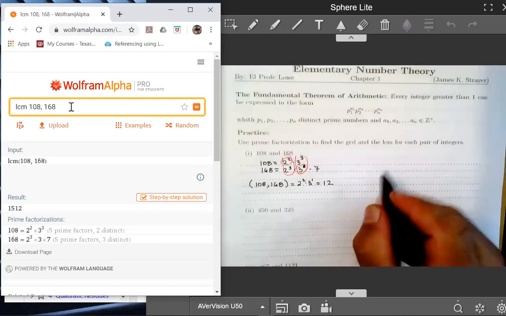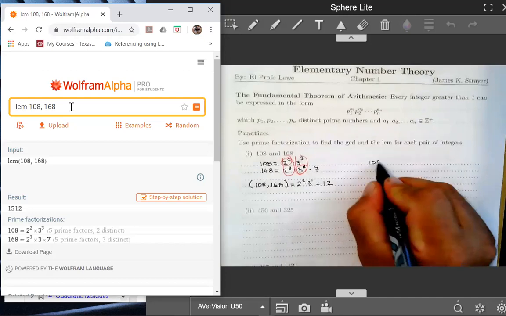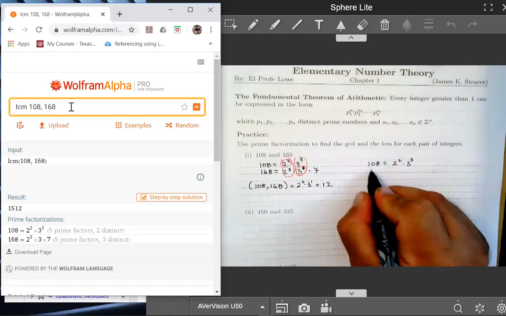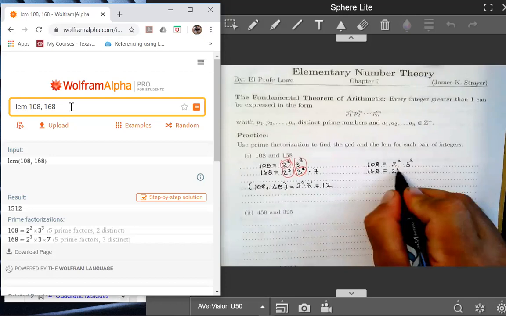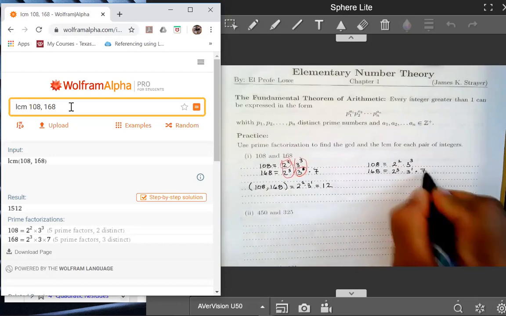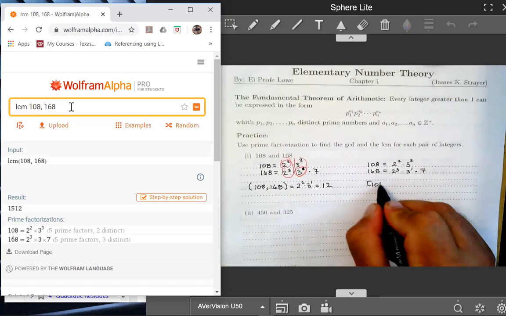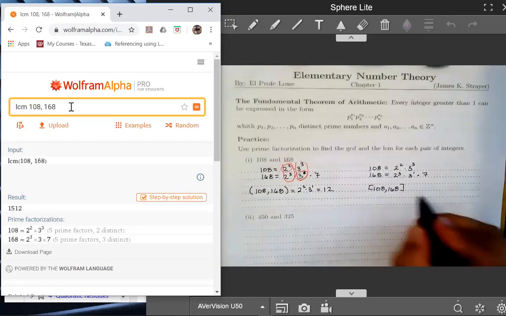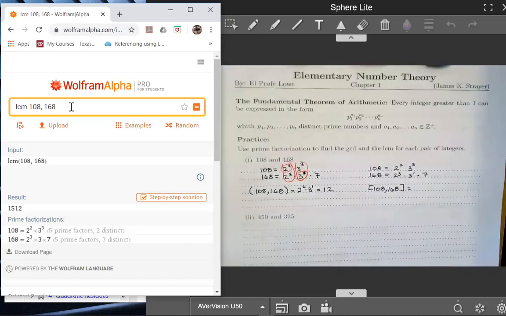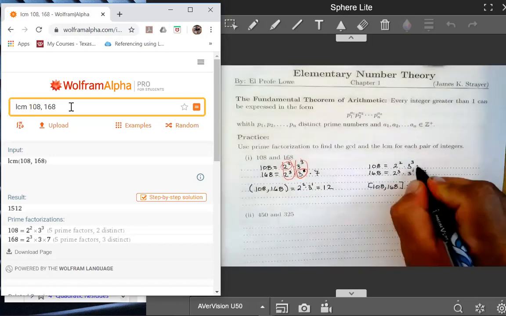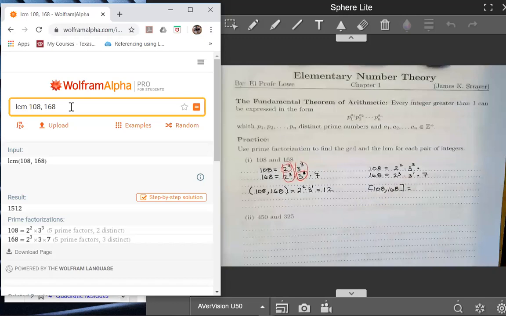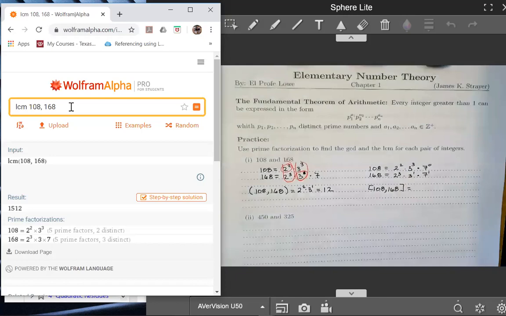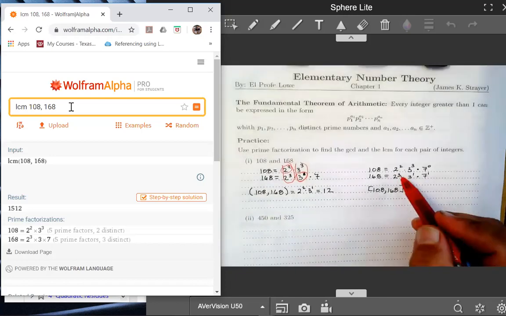Okay. I'm going to just rewrite this factorization so that it's easier to show the notation. And if I want to find the least common multiple, I am going to look and say, if I think about this as being 7 to the 0 here and 7 to the first power there, I want the highest power for each of my prime factors.